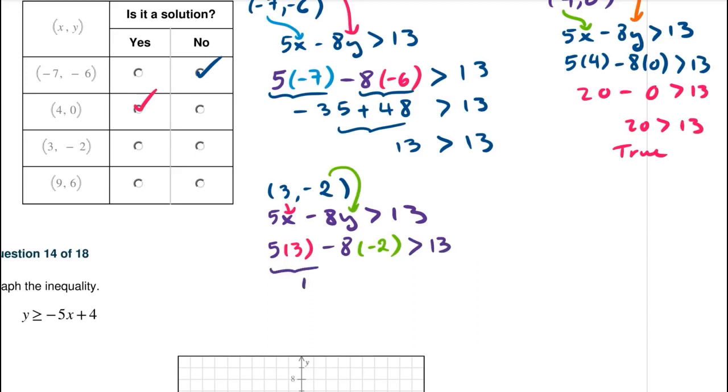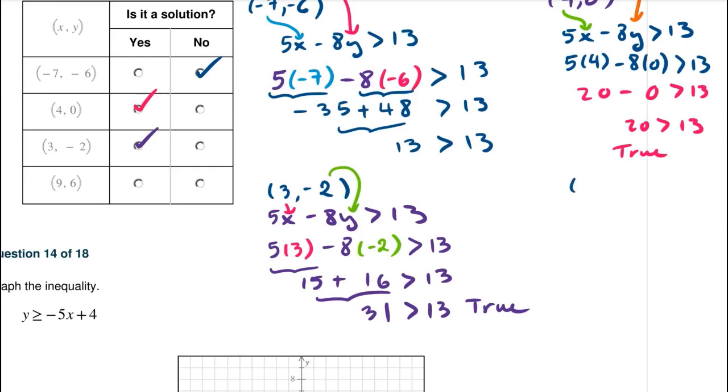Okay, 5 times 3 is 15. Minus 8 times -2 is positive 16, greater than 13. We combine like terms, that will give you 31 greater than 13. This is true, so yes, this is a solution.